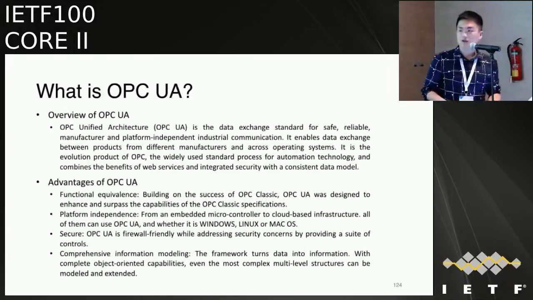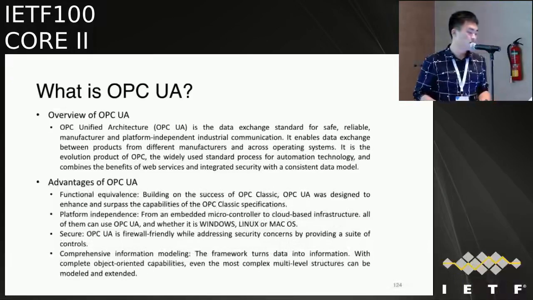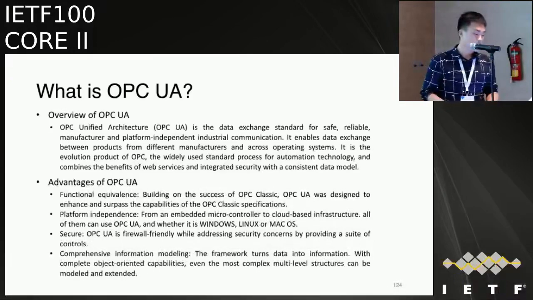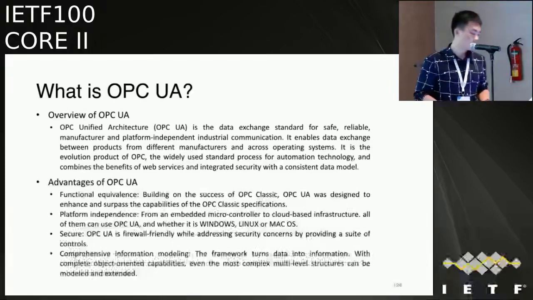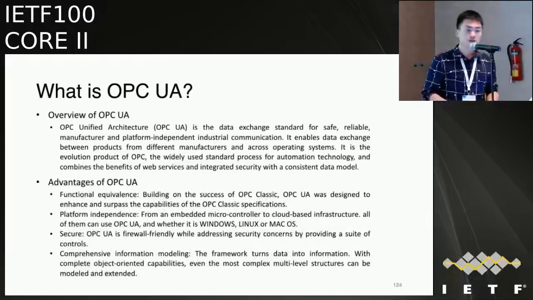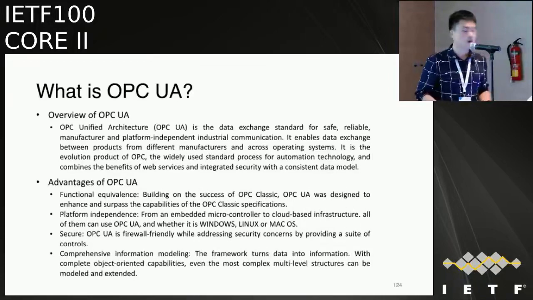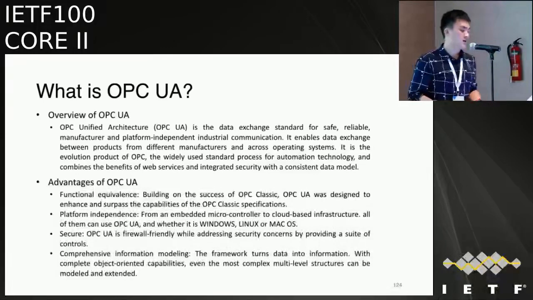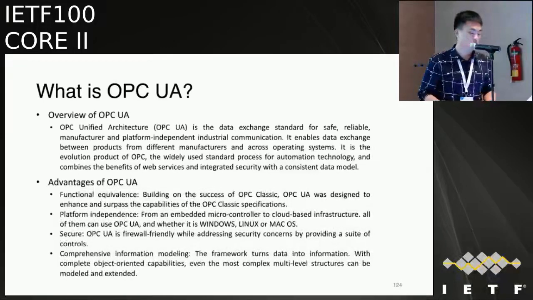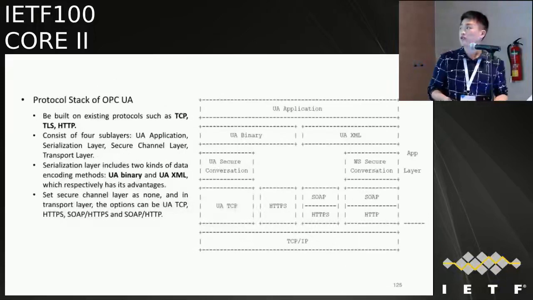It builds on the success of OPC Classic. The second is platform independence. From an embedded microcontroller to cloud-based infrastructure, all of this can use OPC UA. The third is security. OPC UA is firewall-friendly. We're addressing security concerns by providing a suite of controls. The last is comprehensive information modeling. The framework turns data into information.